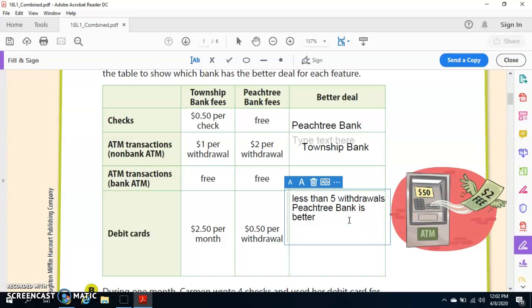Okay. If more than 5 withdrawals. Now, it's not more than or equal to, or less than or equal to. It's just more than or less than. More than 5 withdrawals, Township bank fees are better.